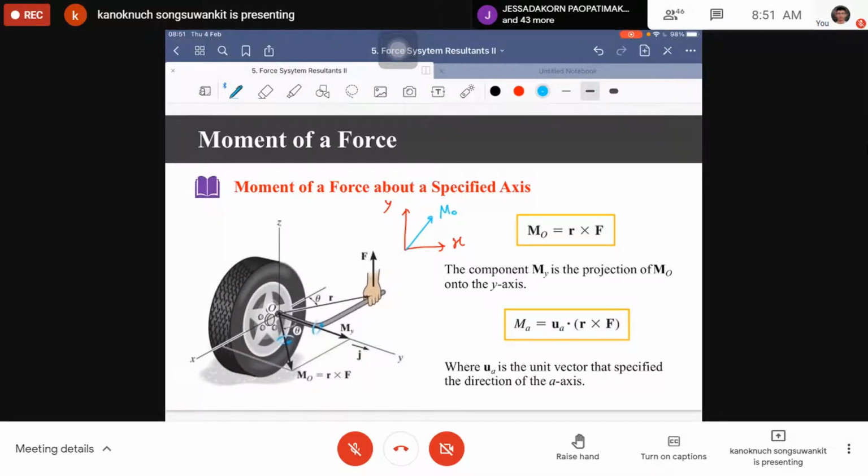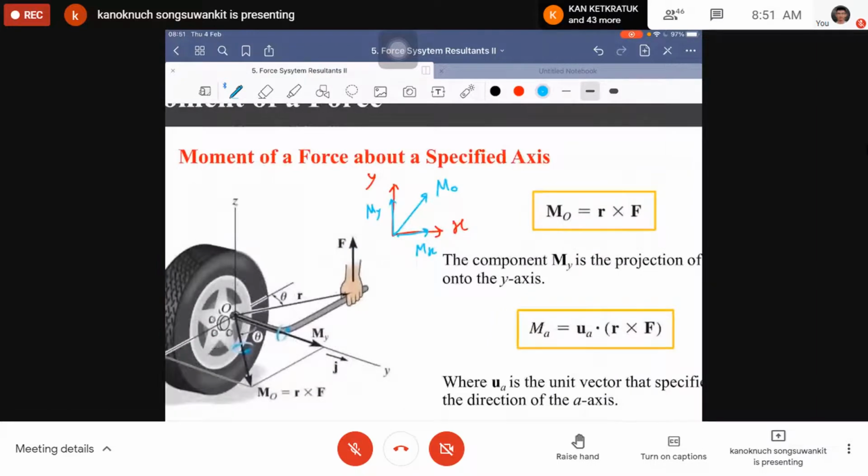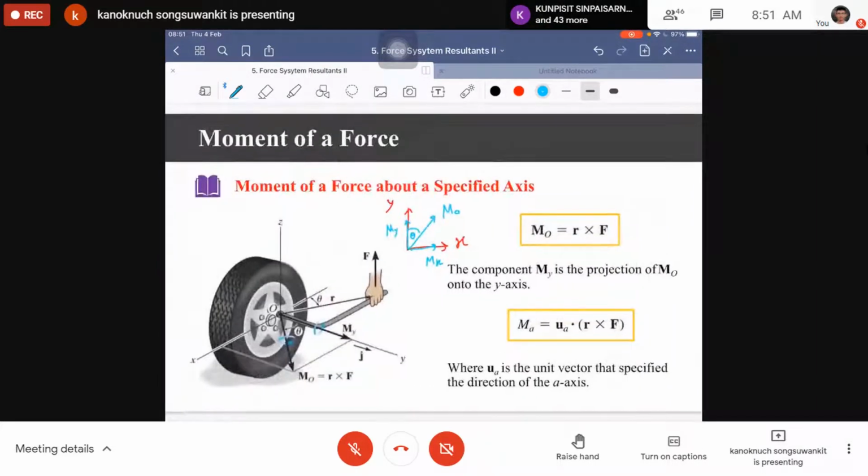So we can resolve this MO into its components My and Mx with one angle, theta. The component My along the y-axis is the projection of MO on the y-axis.